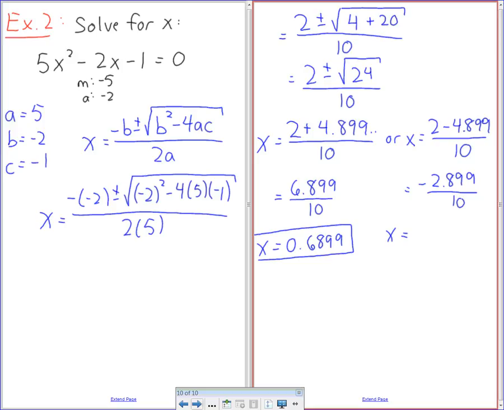Good. Okay, can you divide that by 10, please? Yeah, so you're doing decimals.